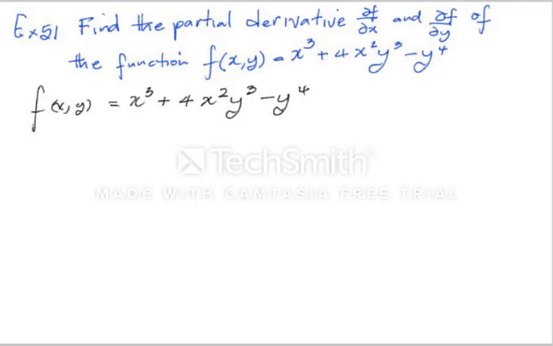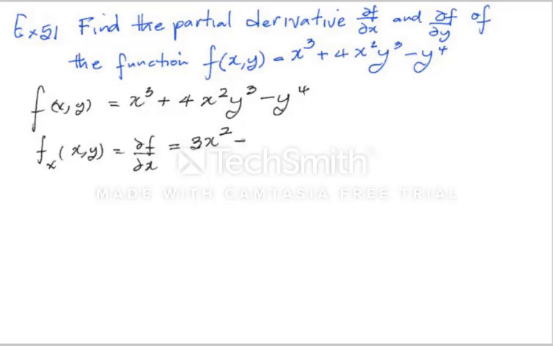So let's differentiate. f subscript x of x and y, which is the same as saying delta f by delta x, would be equal to, so what you're going to do is differentiate the function with respect to x while treating y as a constant. So if you differentiate x cubed, you're going to get 3x squared.